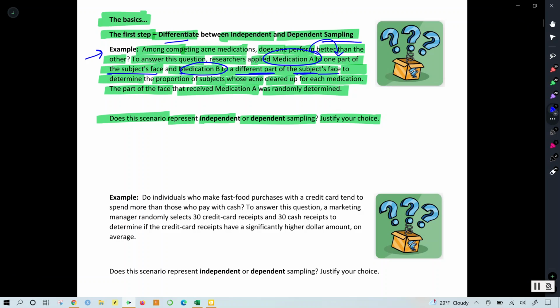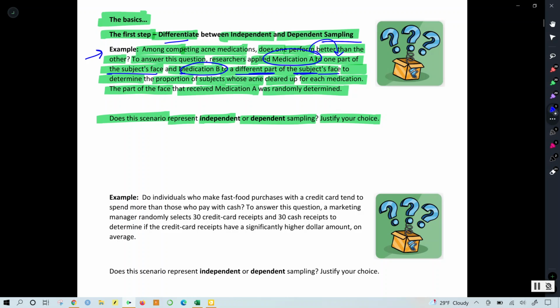My goal was to compare the effect of medication A and medication B on a single person, or to see the effect of medication A and medication B on the face of one subject at a time, so that I can compare the efficacy of both types of medications.